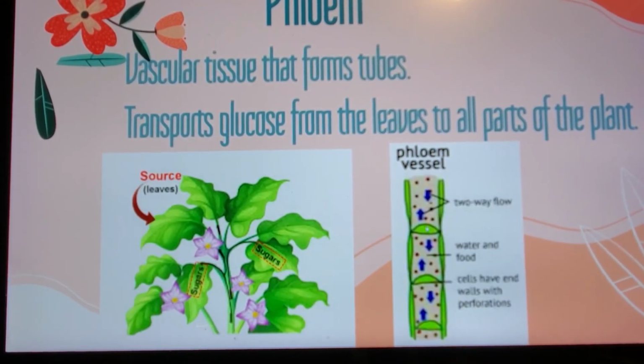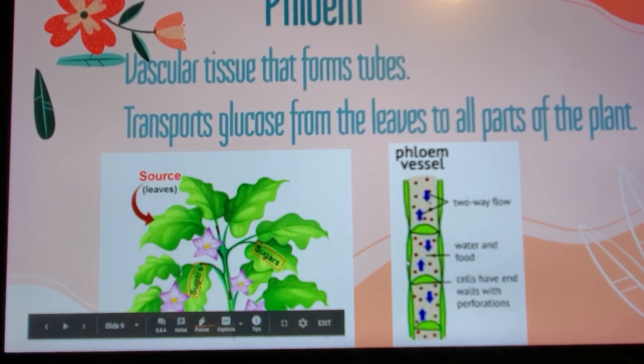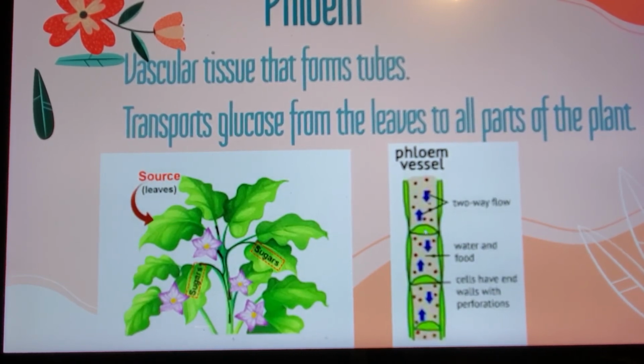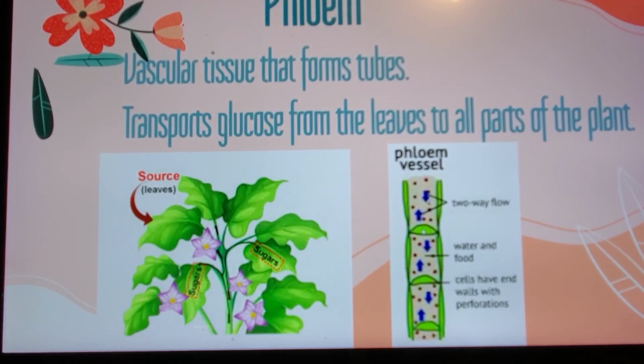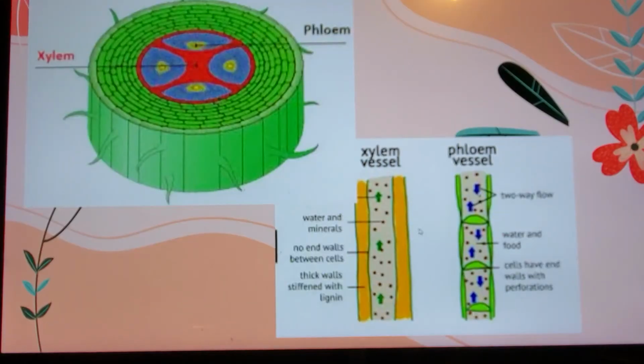So here in the phloem, it goes both ways, up and down, and it can go sideways or across. Wherever the plant needs it, the phloem tube is going to go there and drop off this food to the new cells, new flowers, whatever it is that the plant is making.